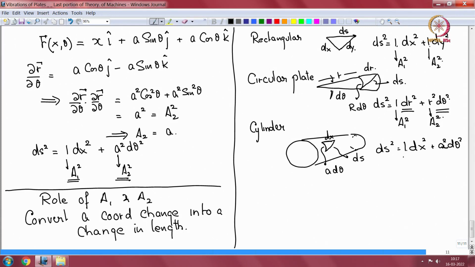There is a 1 here which becomes A1 squared, and this is my A2 squared. So here also A1, A2 convert a coordinate change into length.